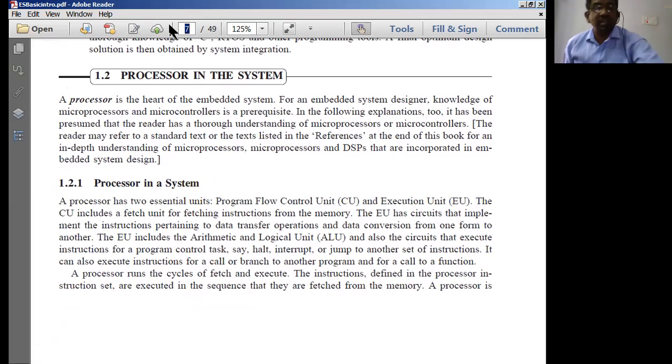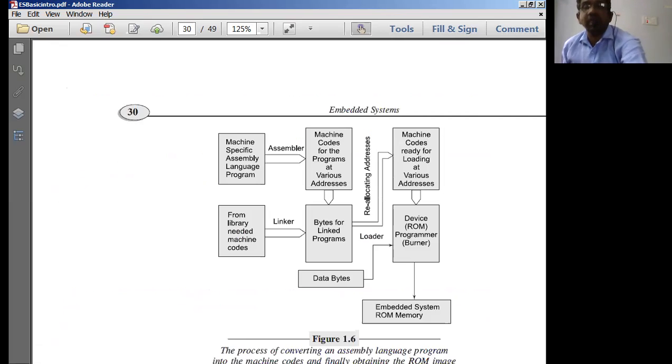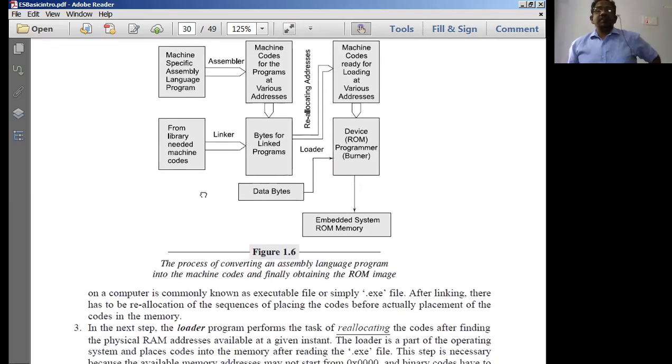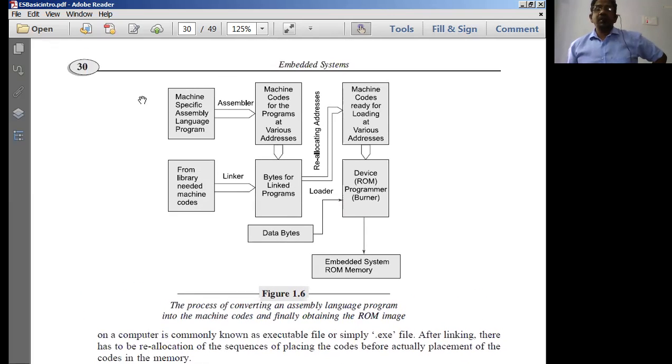Now, once you design an embedded system, what are you going to have? For example, you have designed the hardware, whether it is a medium scale or small scale. Software is then implemented using software design tools, and a machine specific assembly language program is available.